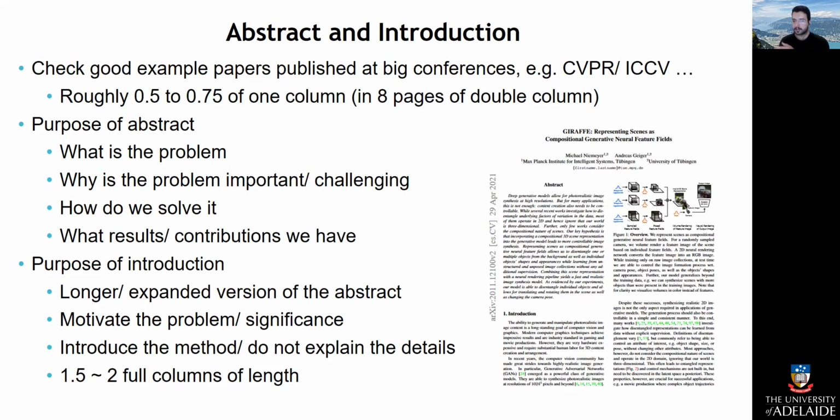The fact that it won the award was because of many different things, right? Because of the good results, because it was written very well, because it was outstanding work in many aspects, but it doesn't say that it was perfect in writing. But it gives you a good example of how you should structure your work and how you should write to convince people that you have good work, right?